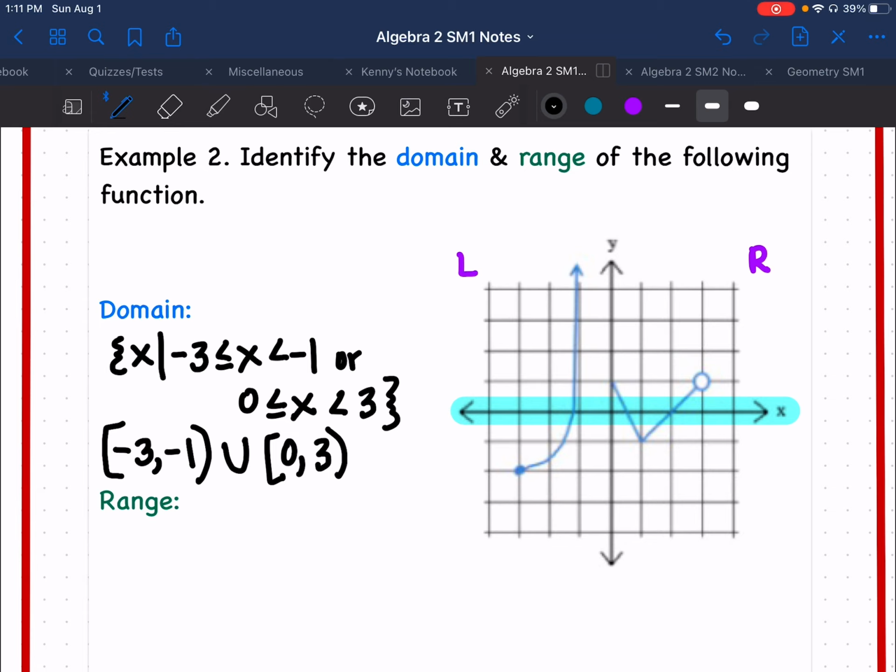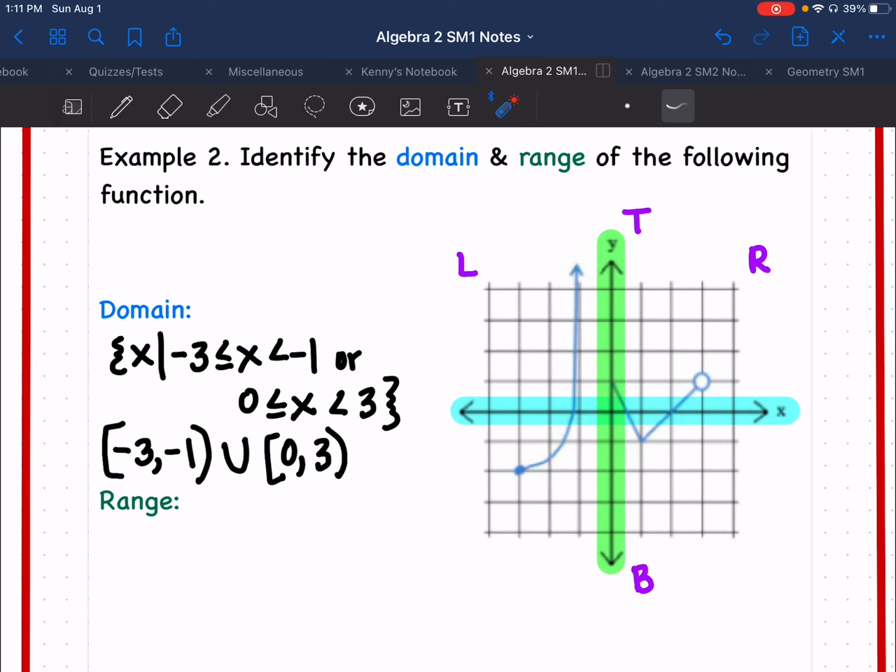Very similar for our range. Let me grab a green real quick to do our range, because I have the range in green. There we go. But now I have to read from the bottom to the top. So the bottom would be this one right here, and then the top would be all the way up here.